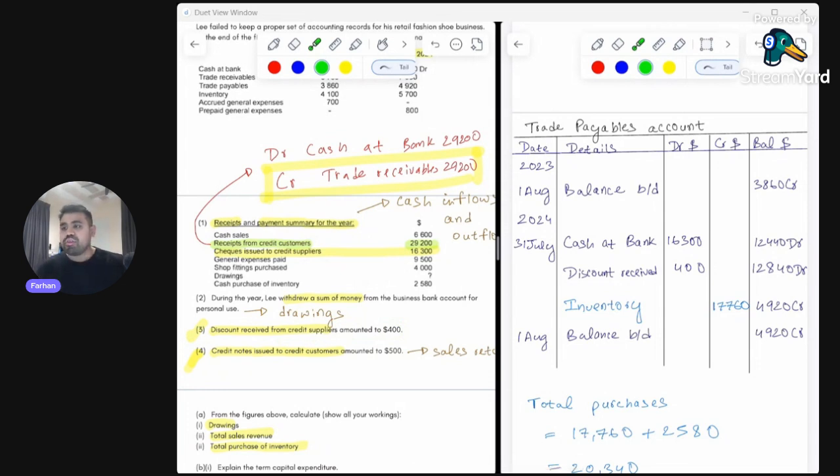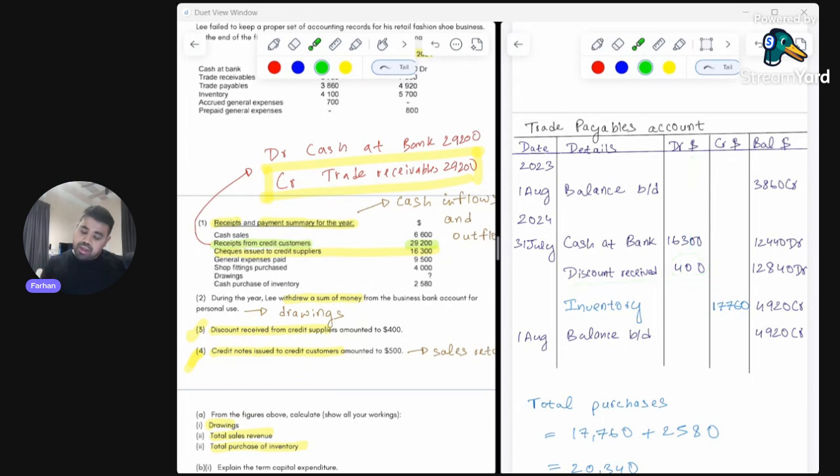And discount received obviously reduces the obligation we have towards these credit suppliers, which means our liabilities are going down whenever we are receiving any kind of discount. So if liabilities are going down, we have to record this on the debit side, because when liabilities go down, we debit them. So we are recording $400 on the debit side of the trade payables account, and this $400 of reduction is mainly because we've got some discount, which is what the relevant cross-reference should be in the details column.